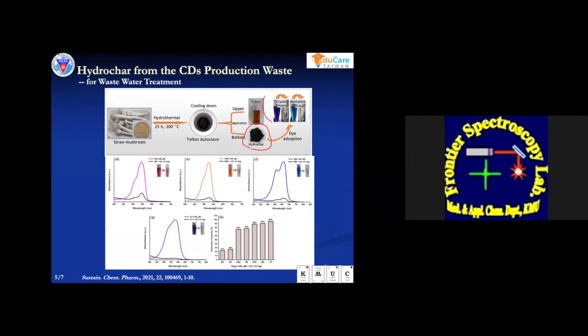As you can see here, in the presence of the hydrochar, the organic dye in the aqueous solution will be removed by our hydrochar, which has high potential for environmental purposes.